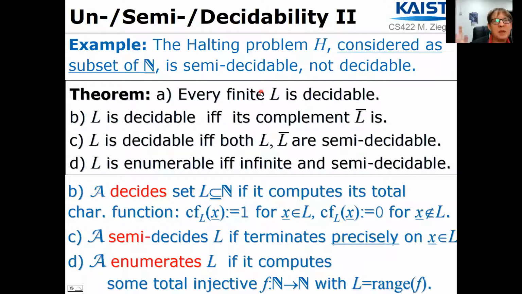It means that there's some algorithm. We're at this moment still at the intuitive conception of an algorithm. Some algorithm that decides this set L. Now, the hypothesis we have about the set L is that it is finite. So there are finitely many natural numbers. And we're asked to devise an algorithm.